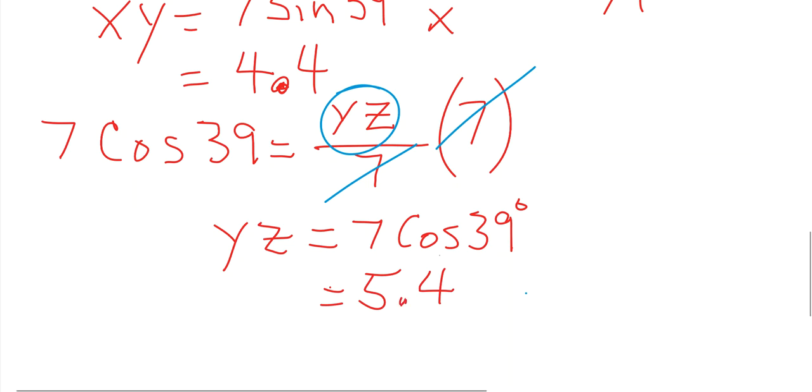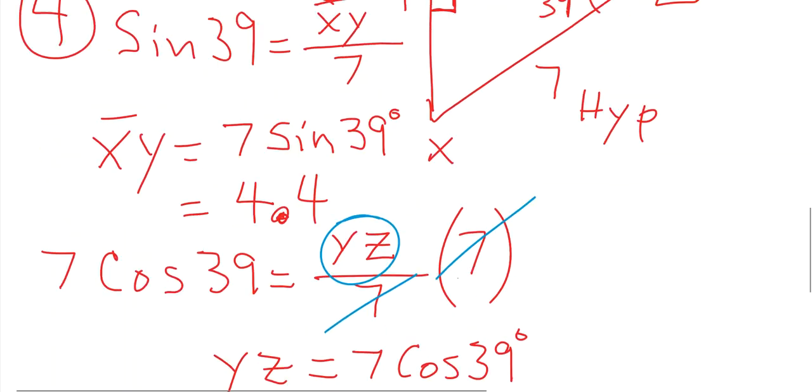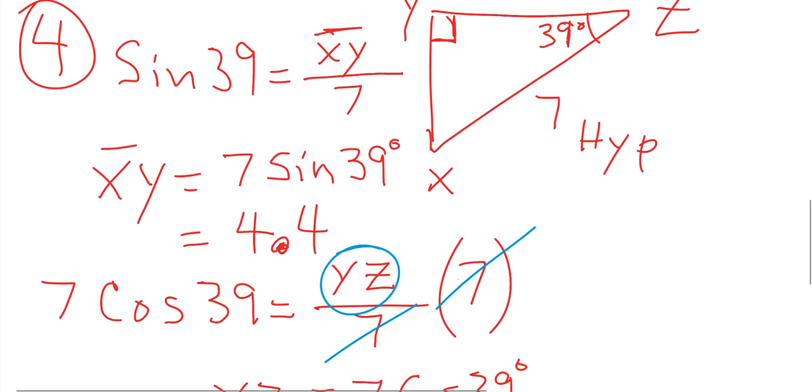Okay, so we've got our sides now, 4.4 and 5.4. So this one was 4.4. This one was 5.4.